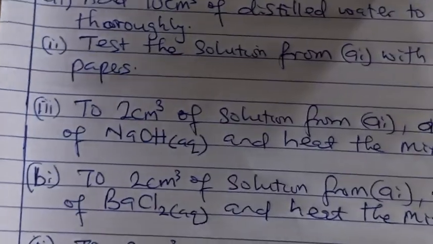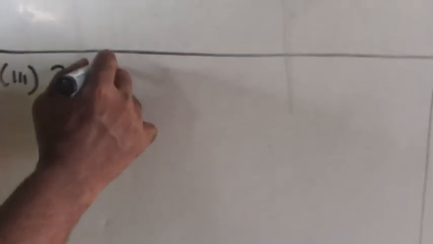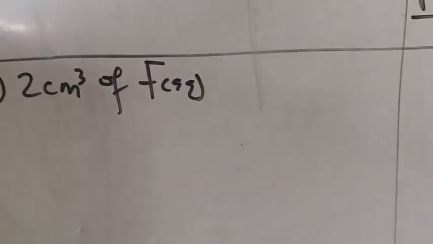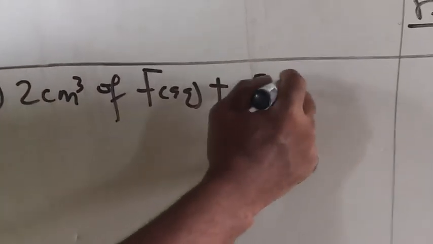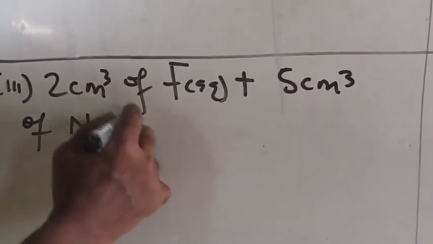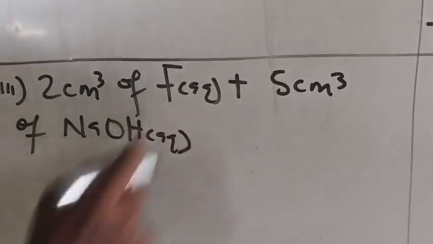So go to the board and report this work now. So question II says 2 cm³ of F aqueous plus 5 cm³ of sodium hydroxide, also aqueous.